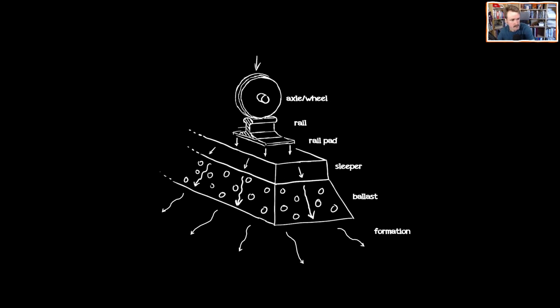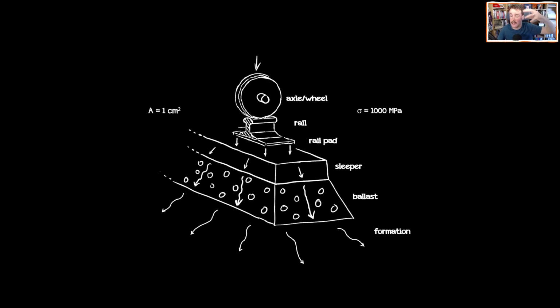So now, the good thing about this transfer of loads through the railway is that we have very good control over loads going into the railway. Up here, where you've got a very small contact patch, about 1 centimetre squared, you have very high stresses. In fact, you've got about a gigapascal of stress.